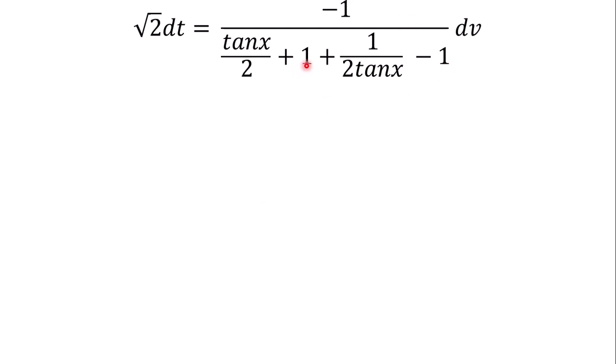This will cancel out with this, and we are left with tangent x over 2 plus 1 over 2 tangent x.